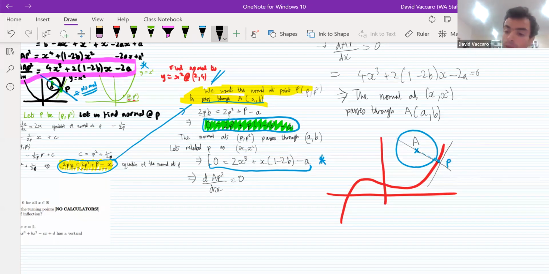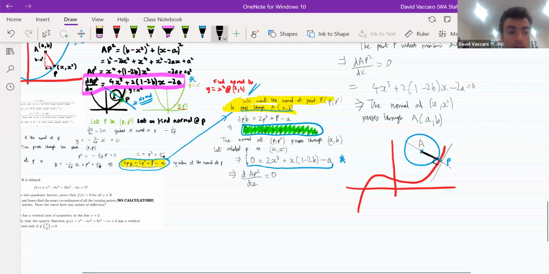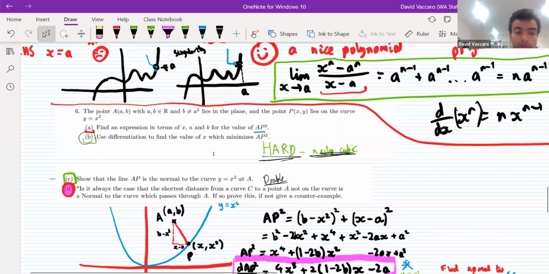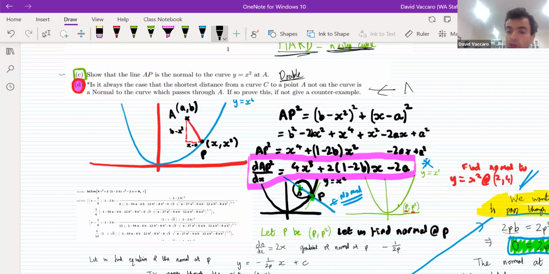And I'm going to state without proof that the circle touches the curve, so if I draw a tangent to the circle, then it's also a tangent to the curve. So the tangent to the circle is a tangent to the curve, so this angle is 90. Okay, so D turns out to be a true theorem.